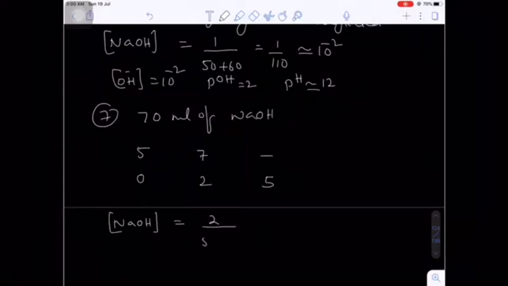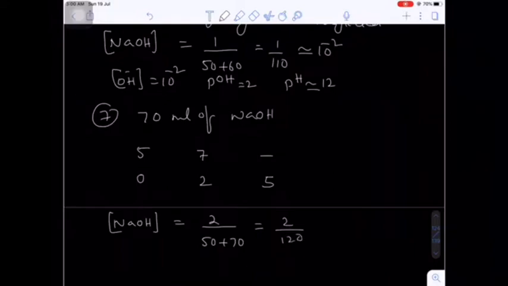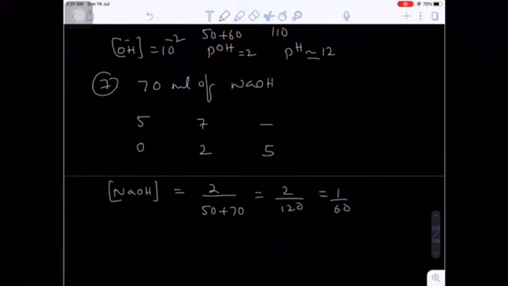Again the pH is decided by the NaOH solution, where the number of millimoles of NaOH is 2 and the total volume is 50 ml of acetic acid and 70 ml of NaOH. So 2 by 120, that is 1 by 60. Are you getting my point?